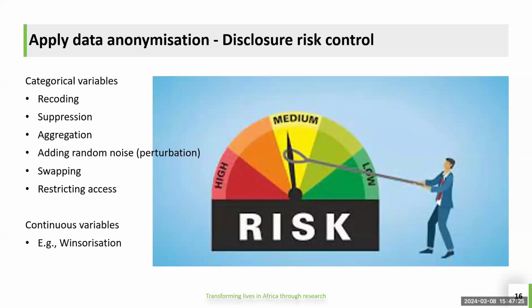We will talk a little bit about how you come up with these decisions. Sometimes variables that are key to an analysis, such as someone's gender or age, you might not want to tamper with in the first instance, but look at other things that you may want to let go.